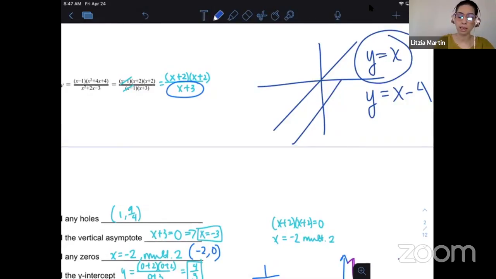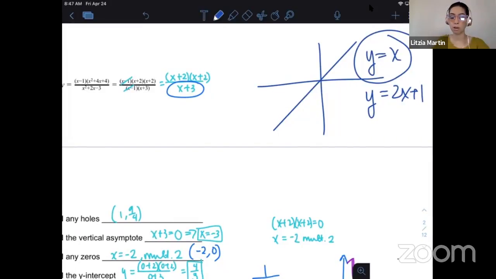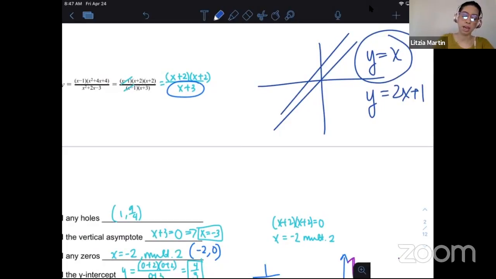Or maybe its slope has changed and it becomes 2x plus 1. So then we have a slope of 2, it's a little bit steeper, and then it's shifted up 1. So maybe instead it looks a little like that. Okay, just kind of a rough estimate. But that's our slant asymptotes.